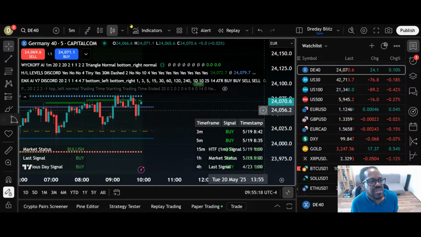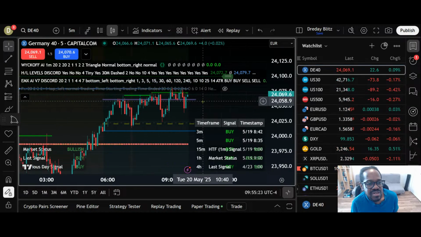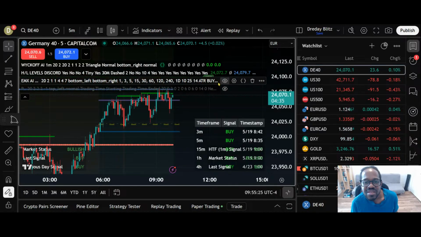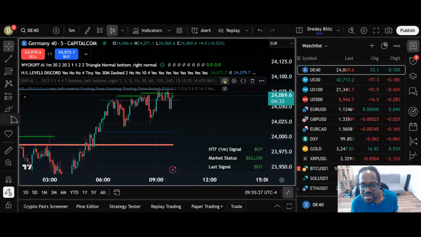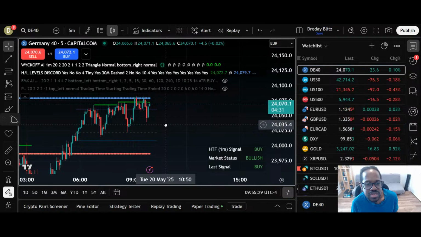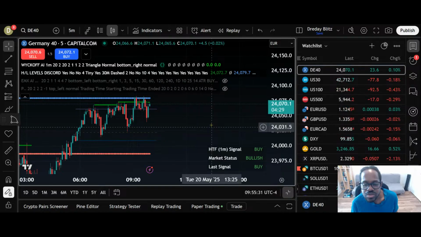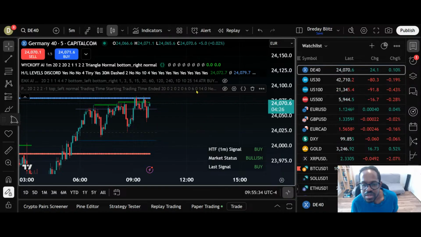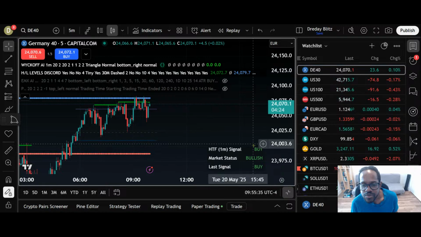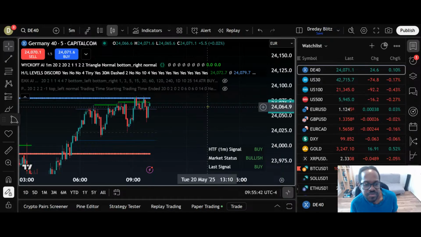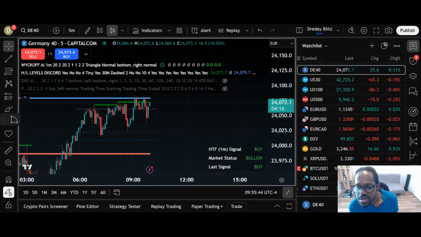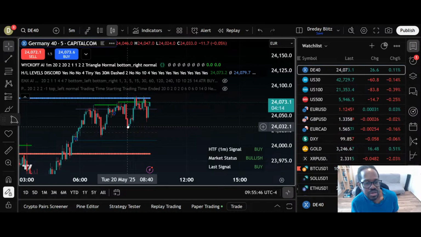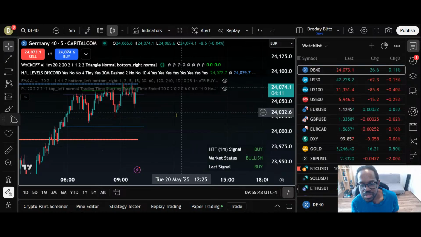If we look at that 5-minute chart, it's still bullish, but one is gonna start to do a sell. So how it works is the higher time frame should give you a sell, and then your current time frame will give you a sell afterwards. So right now we're still bullish. The market's status is still bullish here.